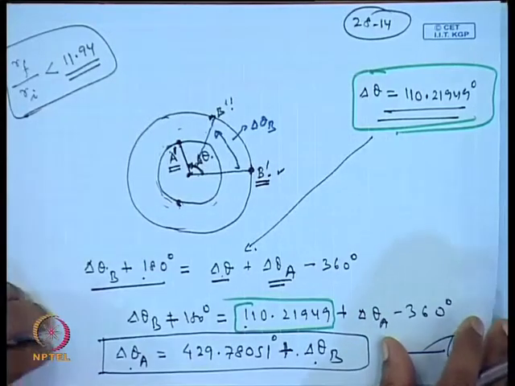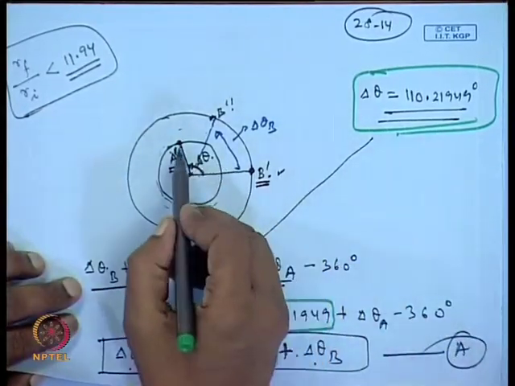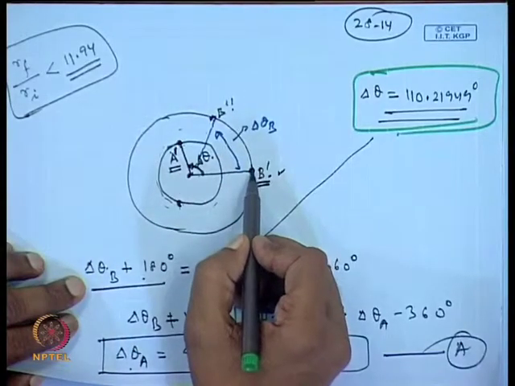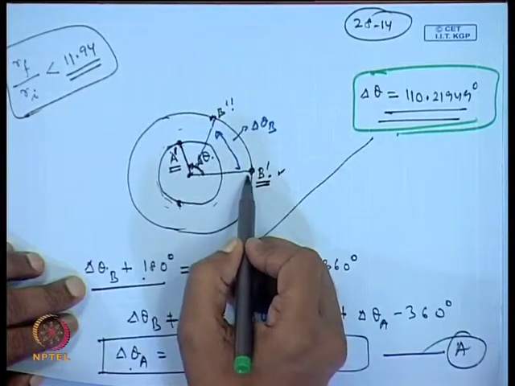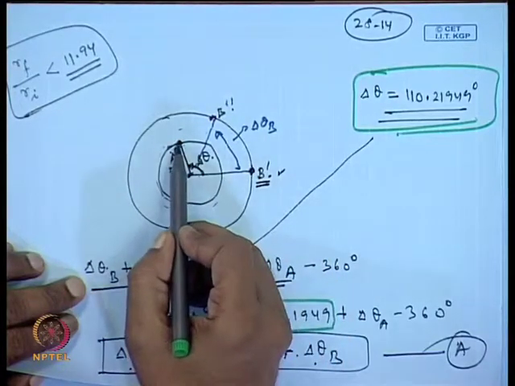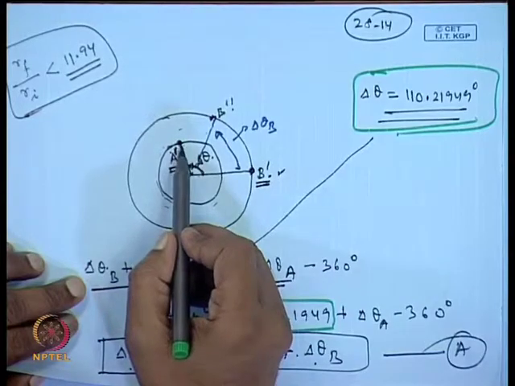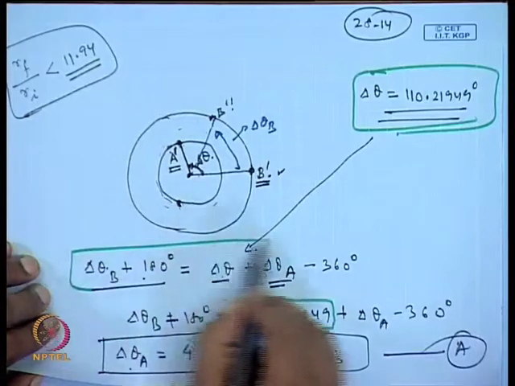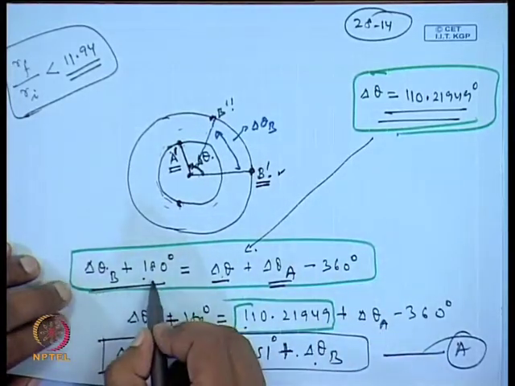Now, the problem starts with a satellite that has to be launched from B again, which should reach A with maximum fuel economy. Then we started writing the equation and balancing the angle first.